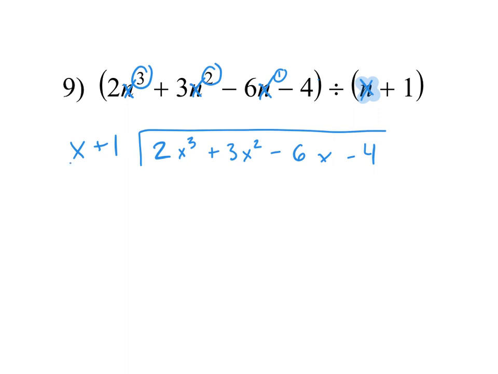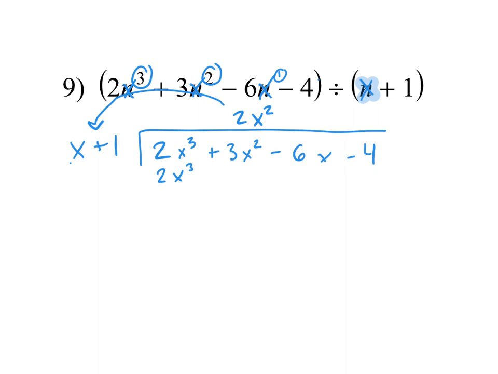So what times x gives us 2x cubed? 2x squared. What do we do with that 2x squared? Multiply to everything on the outside. So it's 2x squared times x. 2x cubed.